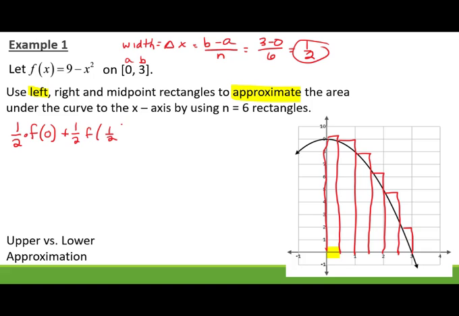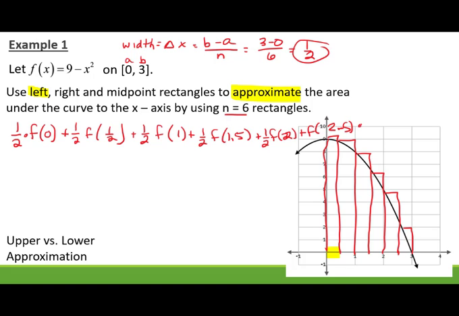Then I have my next interval, 1/2, with my function evaluated at 1. And I continue going since I should have n equals 6 rectangles, up to f of 2.5 times 1/2.